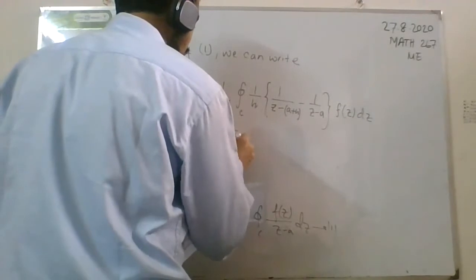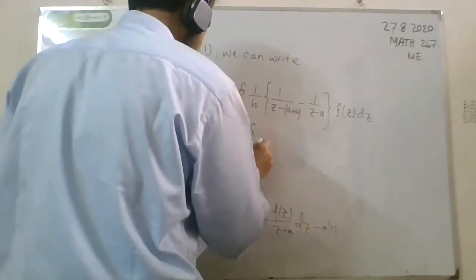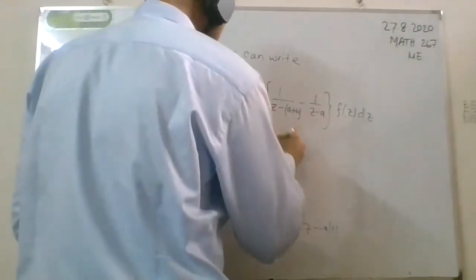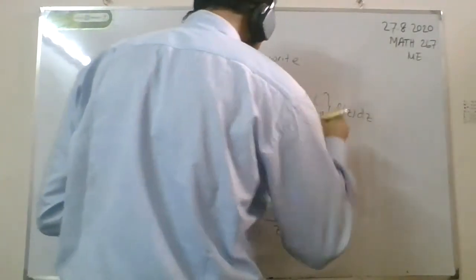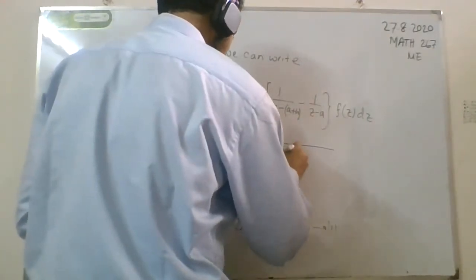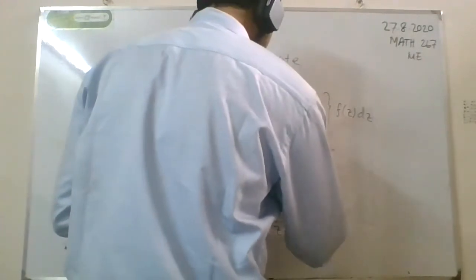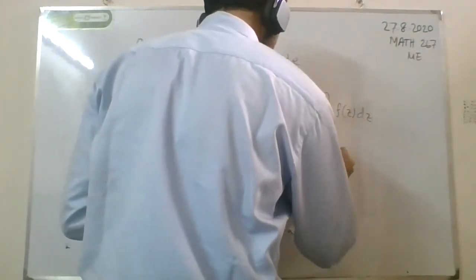Ready. Now here 2 pi i, integration. You can also add this equation, which is z minus a minus h, also z minus a.